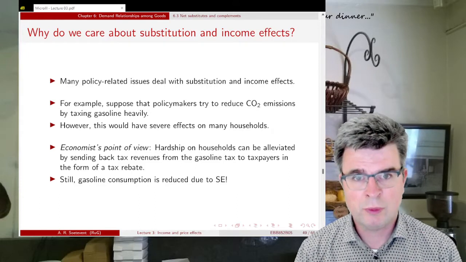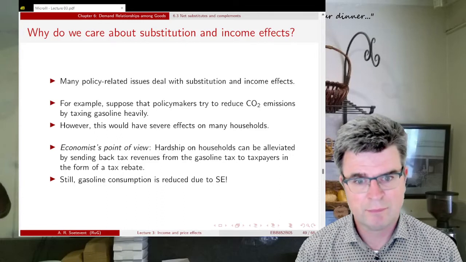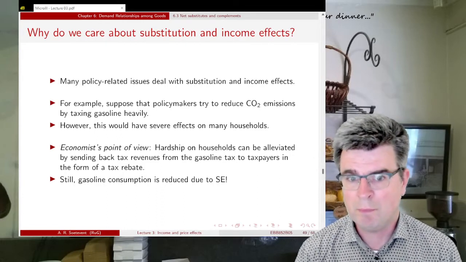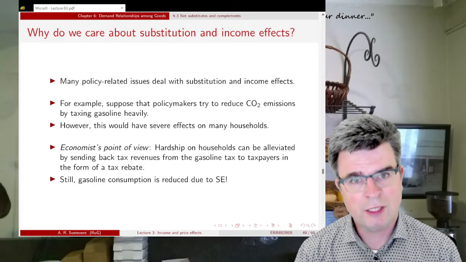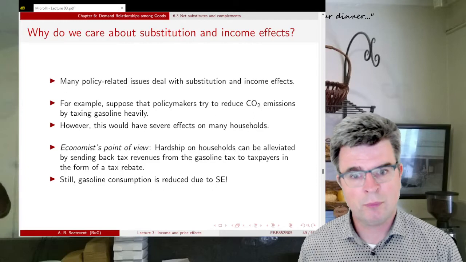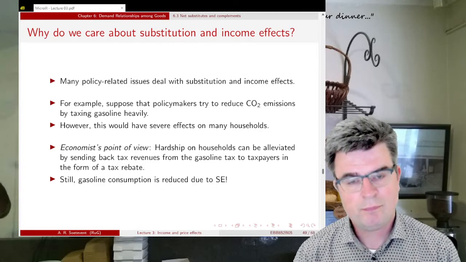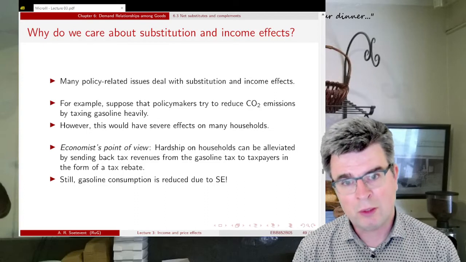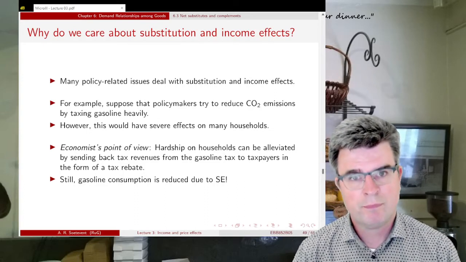And one way to do this is to impose a tax. This will cost the households that drive a car money, but you can compensate them by at the same time lowering, for example, the income tax, so that you give them a tax rebate and they are as well off as before.